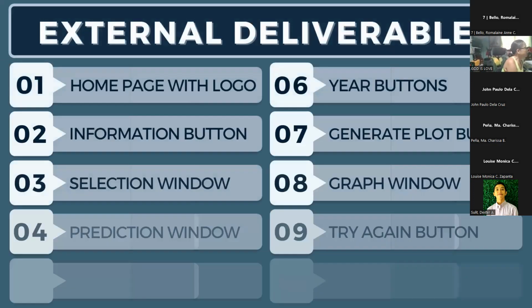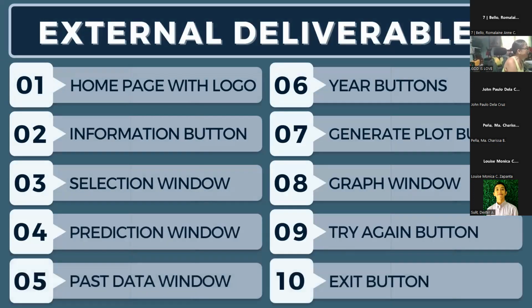For external deliverables, there's the homepage with logo, information button where it contains what you do with the program, the selection window where you select whether you would want to see the predicted data for the next years, or the past data window where it'll graph out the past data that we've gathered from 1969 to 2021.